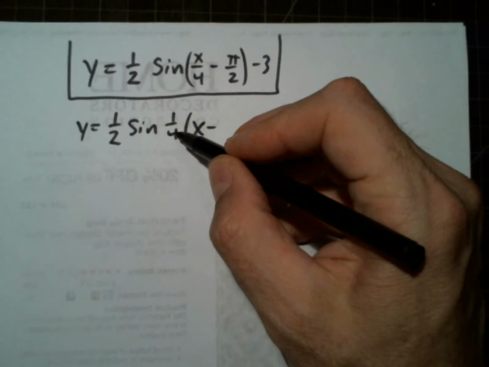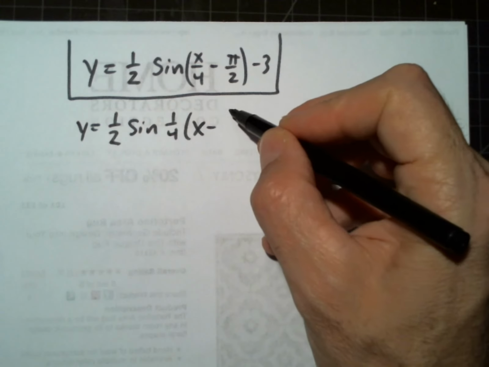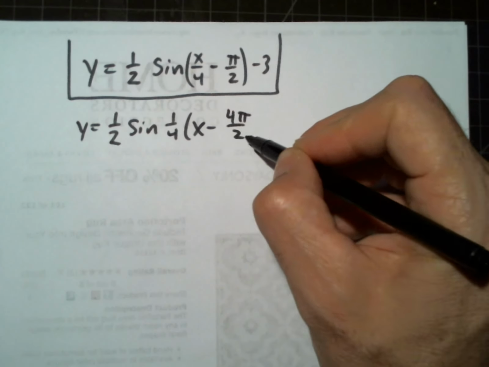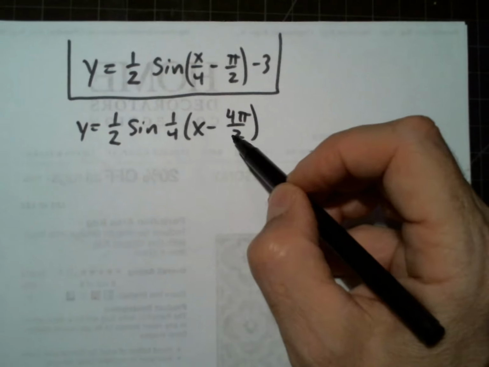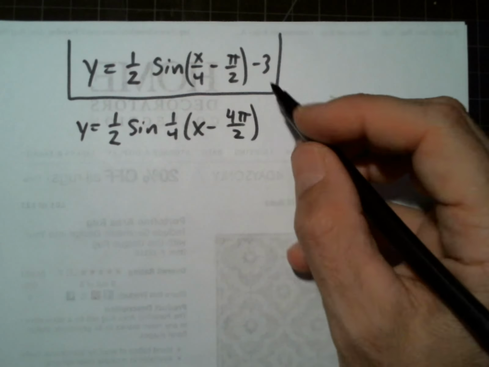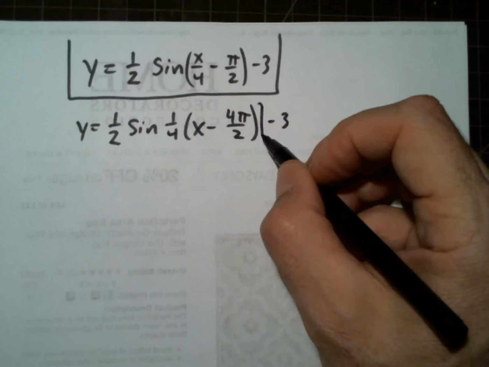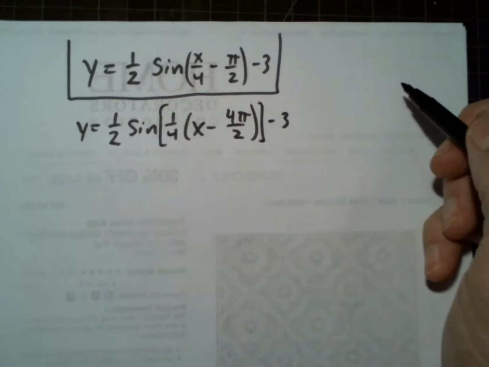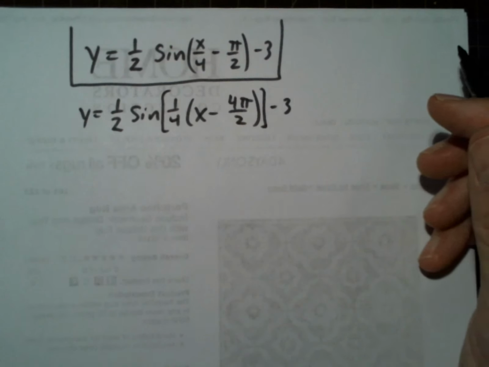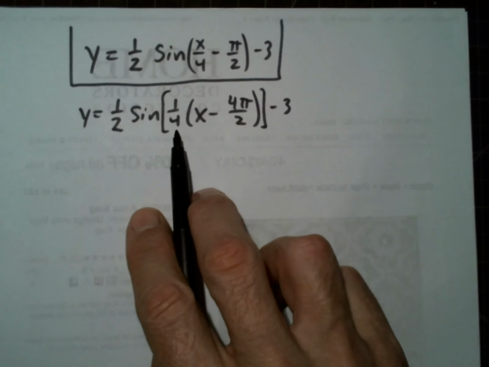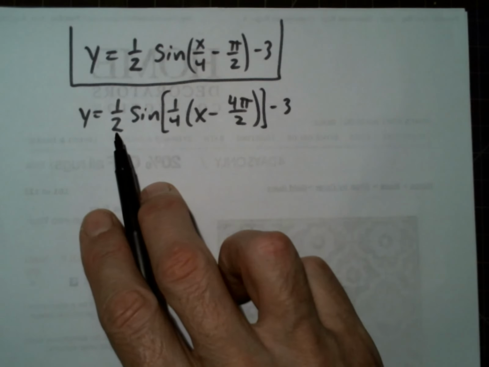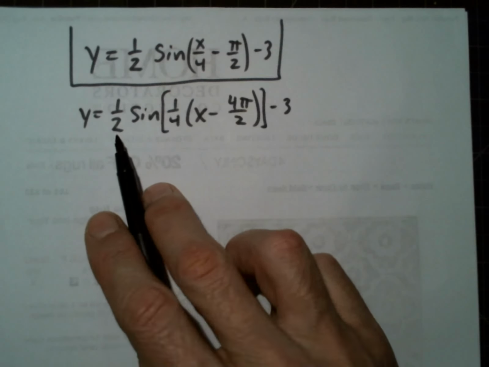And if we need to cancel, we multiply by 1/4. We need to have a 4 in the numerator, so that when we distribute that, it'll cancel and we'll get back to where we started. Alright, so we have to divide the x values by 1/4 and multiply the y values by a half.